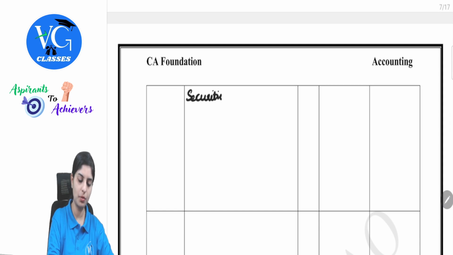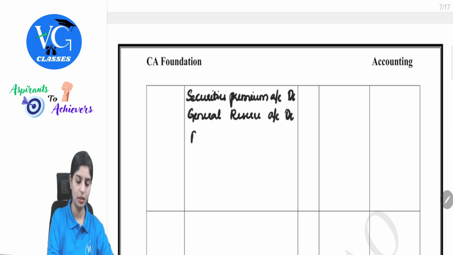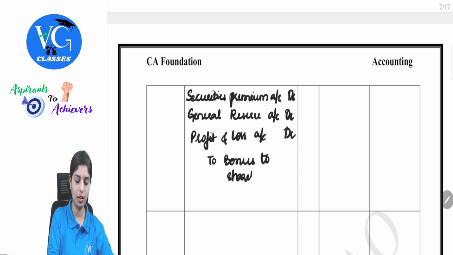Securities premium account debit. Then we have general reserve account debit. Then profit and loss account debit to bonus to shareholders account.